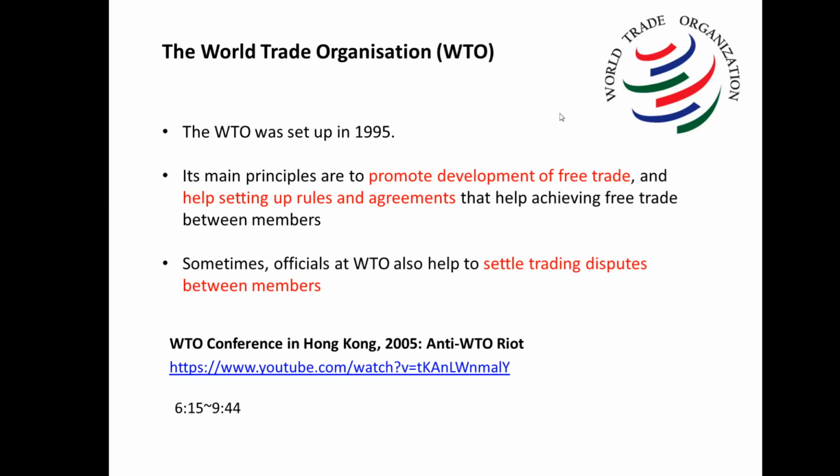The WTO has many purposes, and the main purpose is to promote the development of free trade. You can say the WTO is a third party agent. They try to bring different countries together and make them friends.